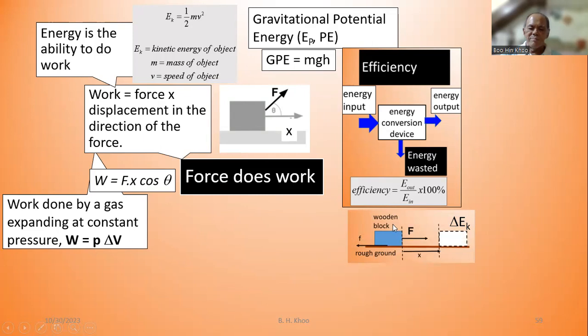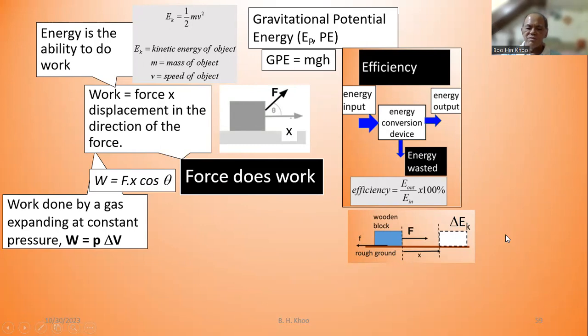And we can apply it to a particular case where a wooden block, we apply a force to it, and the ground is rough. There's friction there, small f, rough ground. And it moves a distance x and increases the kinetic energy by delta Ek.